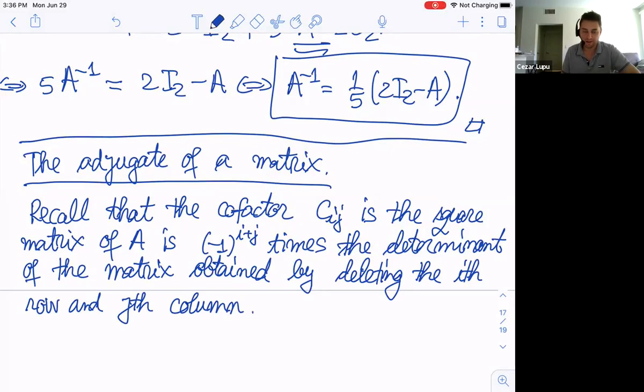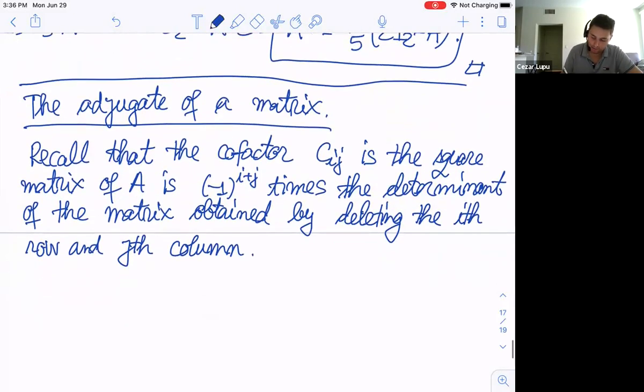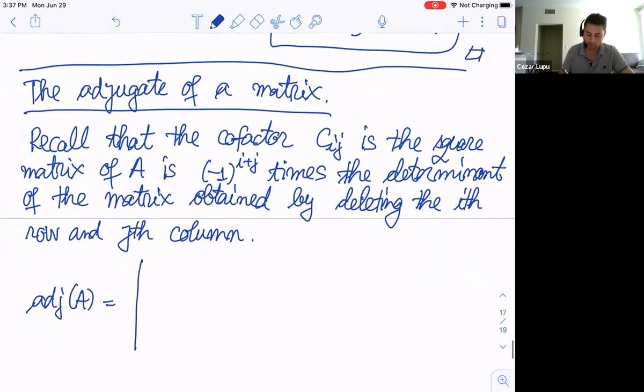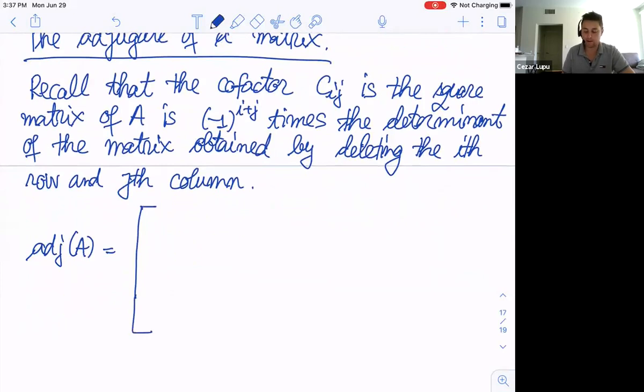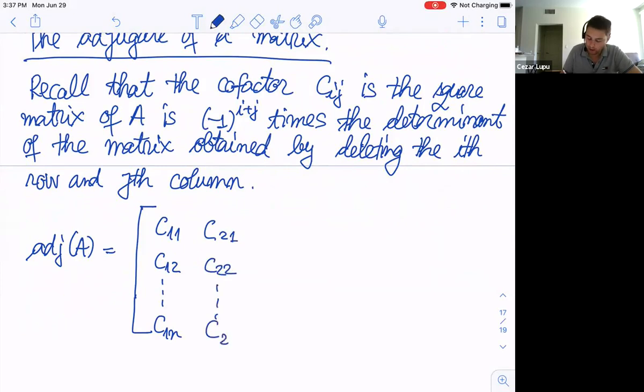So in other words, the adjugate of A will be equal to the following matrix. I'm going to take the cofactors Cij and place them in the following way: C11, C12, and so on all the way to C1n, then C21, C22, all the way to C2n.